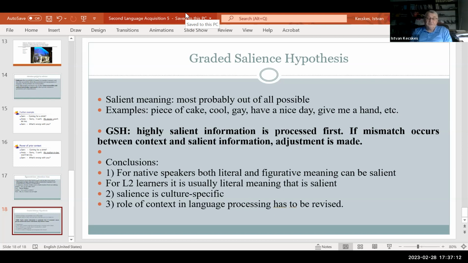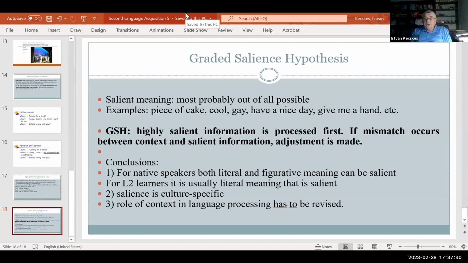Sometimes, of course, if you live in a speech community for a longer time, your salience becomes similar to the collective salience of that speech community. The more proficient you are, and the more you are exposed to the target language culture, the more your salience will change and become closer to the collective salience of that speech community.